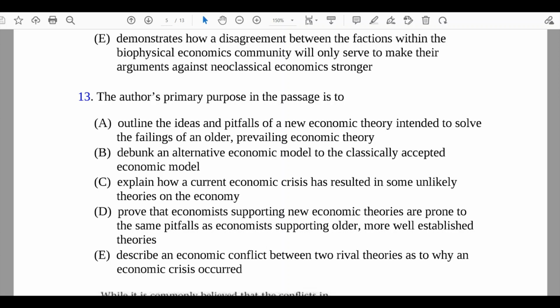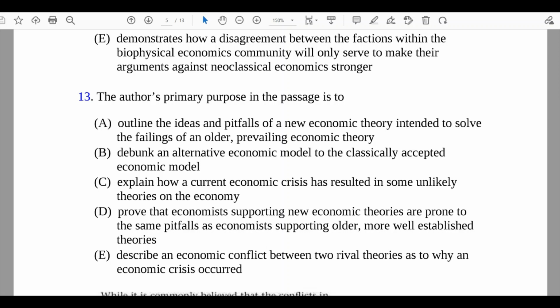So here it is. The correct answer is A. Outline the ideas and pitfalls of a new economic theory intended to solve the failings of an older prevailing economic theory. But still, we need to know that this is a variation of a main idea question, the primary purpose question. You need to refer to your passage summary.